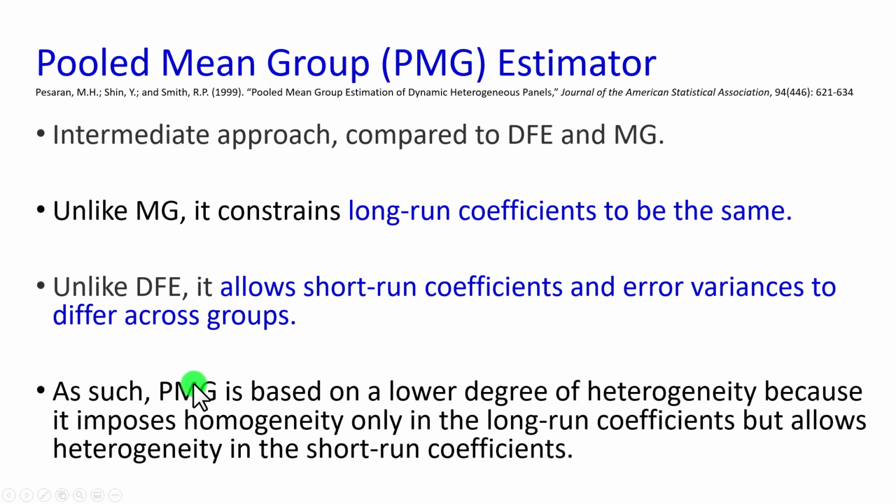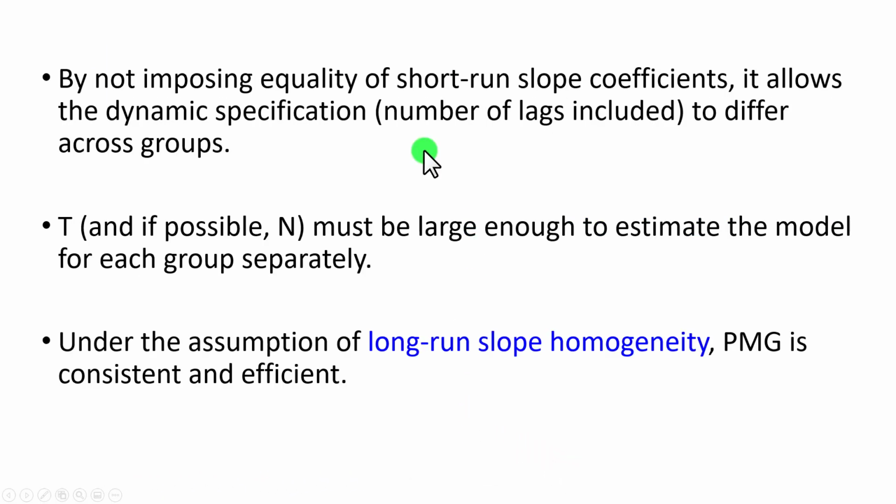As such, the pooled mean group is based on a lower degree of heterogeneity because it imposes homogeneity, as I note here, only in the long-run coefficients, but allows heterogeneity in the short-run coefficients. And so by not imposing equality of short-run coefficients, it allows the dynamic specification, which is the number of lags included in the short-run component of the model, to differ across the groups.